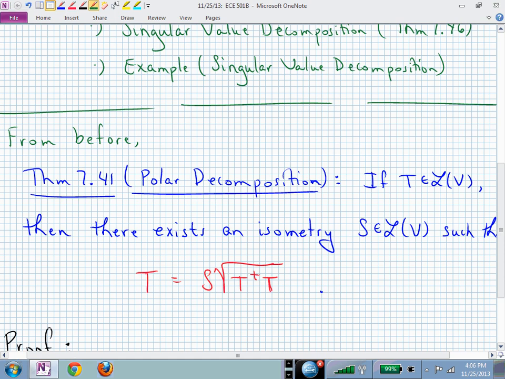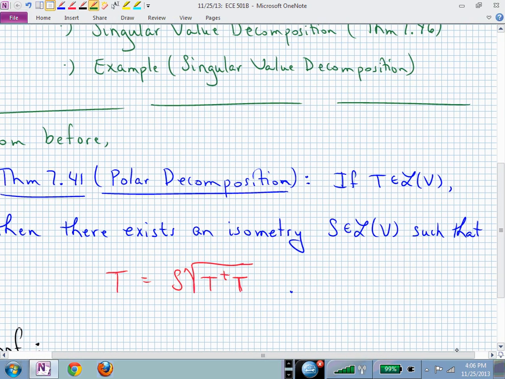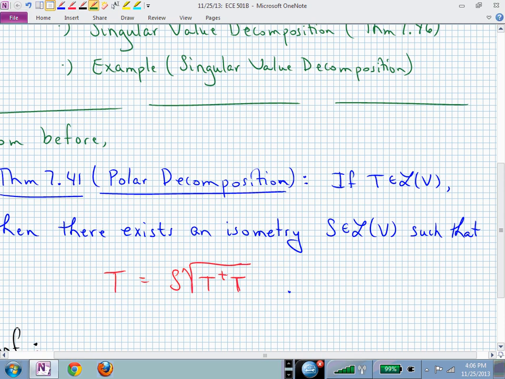If we're given a linear operator T on this inner product space V, then there can be found an isometry S that's also a linear operator on that same inner product space V, such that this linear operator T can be decomposed into an isometry times this positive operator, where the positive operator is the square root of the product of the adjoint of T with T.